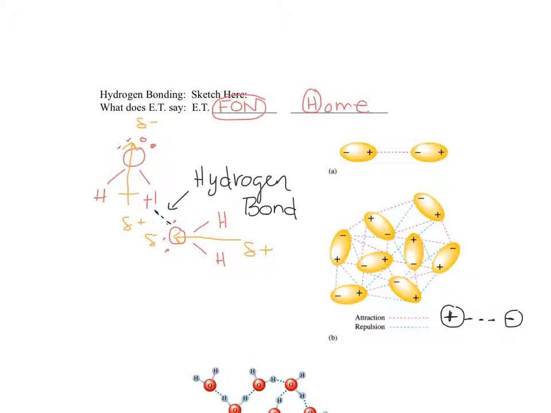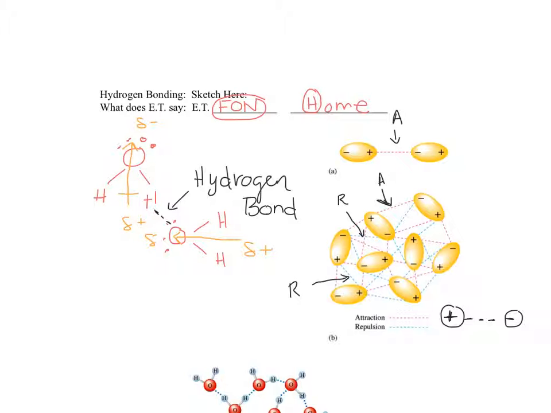So here, right here, you have an attractive force. This is also an attractive force. This over here, though, inside, this would be a repulsive force. And the same thing right here, that one. So when you have like charges, you have repulsive forces. Opposite charges, you have attractive forces.